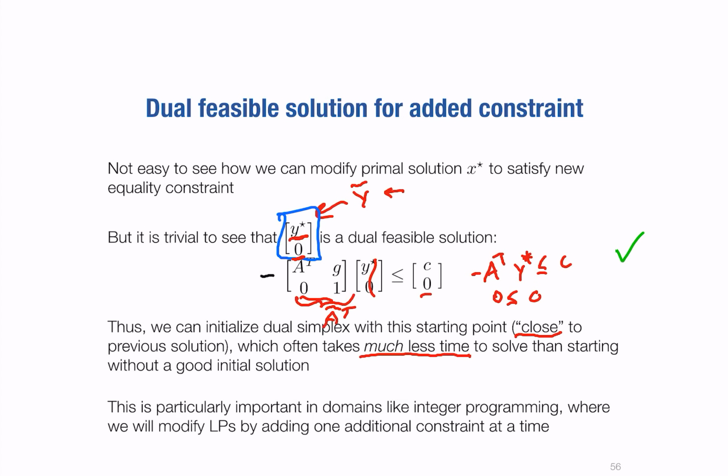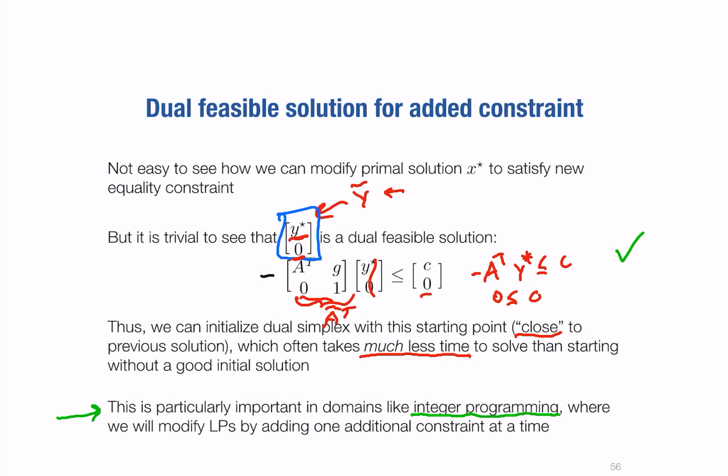And this idea here, and this is the last thing I'll say, of solving a linear program and then wanting to add one more constraint, where that constraint is not satisfied by the original solution, is exactly what we're going to come across next lecture when we talk about integer programming, where we modify these linear programs by adding one additional constraint at a time.